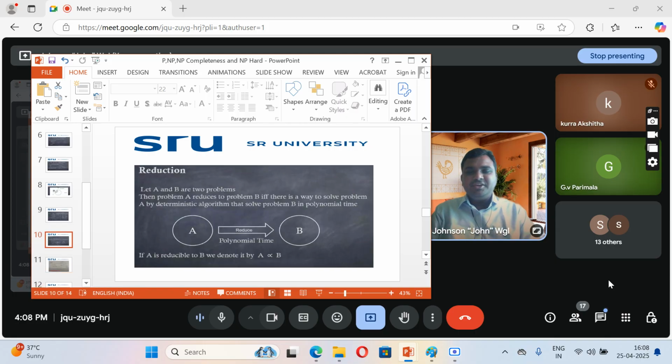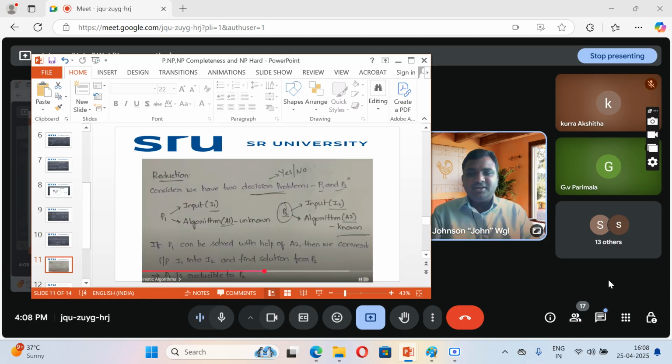Then coming to the reduction, you know problem A and problem B. A has an unknown algorithm, and B has a known algorithm. Using this known algorithm, we can transform A to B, and then we get the solution. Example: this is P1 with input I1 and algorithm A1, unknown; then P2 with input I2 and algorithm A2, known.